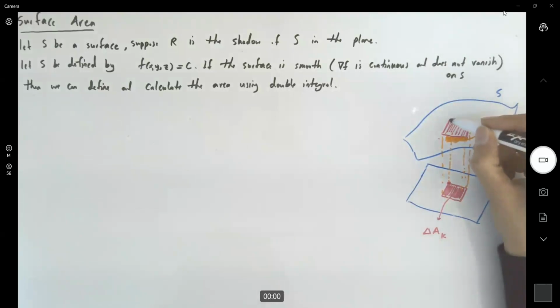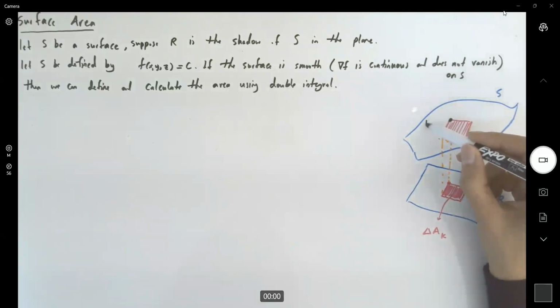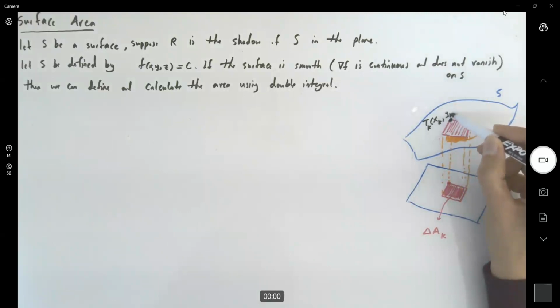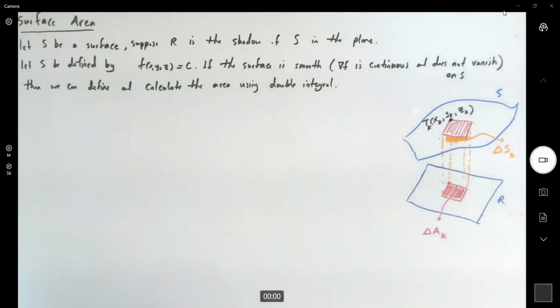Let's take one point to have something to work with. Let us call this point T sub K, with coordinates XK, YK, and ZK. What do we have here?